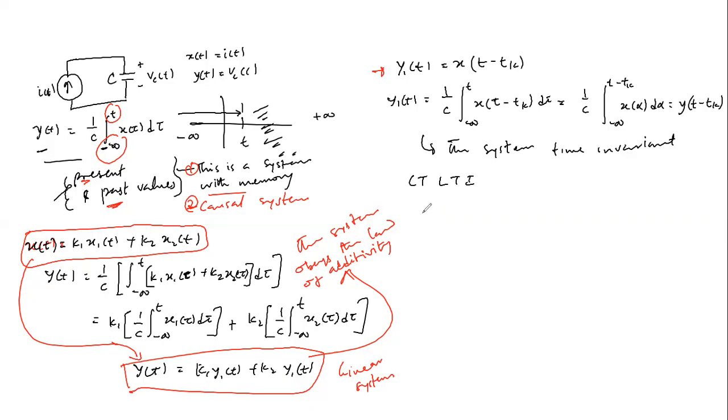Now, let us assume that S of t is the same as beta u of t. Okay? Note that beta is not the same as 0. Okay?